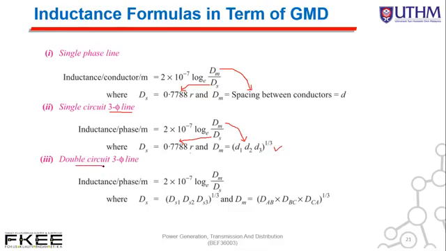While for the double circuit 3-phase line, the inductance per phase per meter is 2 times 10 to the power of minus 7 log_e Dm over Ds, where Ds is the cube root of Ds1 times Ds2 times Ds3, and Dm is the cube root of the distances DAB, DBC, and DCA.